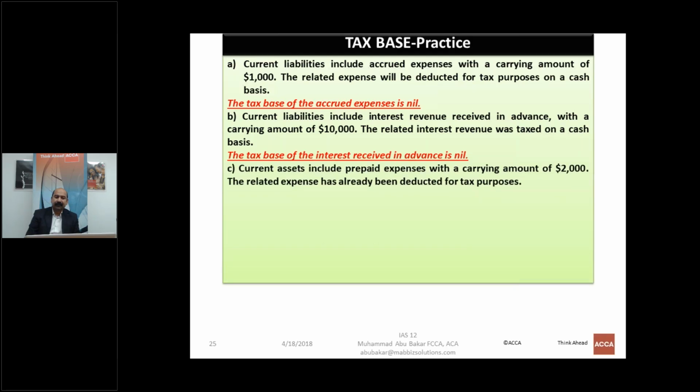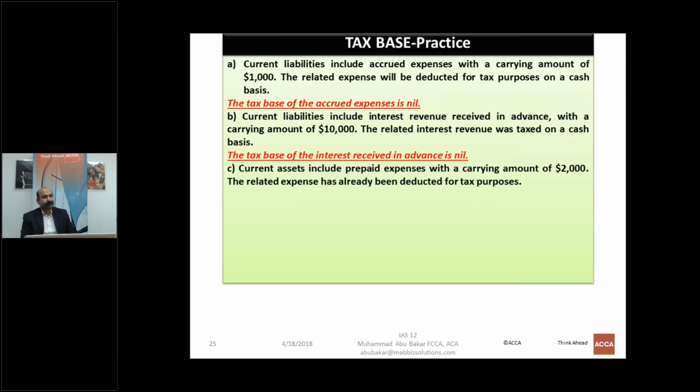Current assets include prepaid expenses with a carrying amount of 2,000. The related expense has already been deducted for tax purposes. So what is the tax base for this? Please, 0 or 2,000? Come up with your answers. 2,000, 2,000, 2,000.